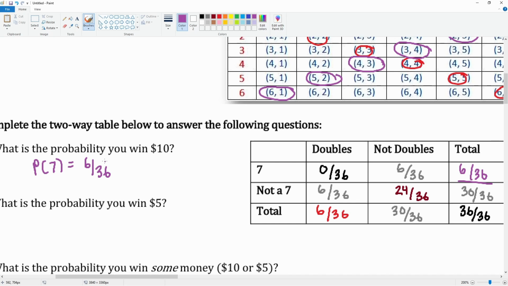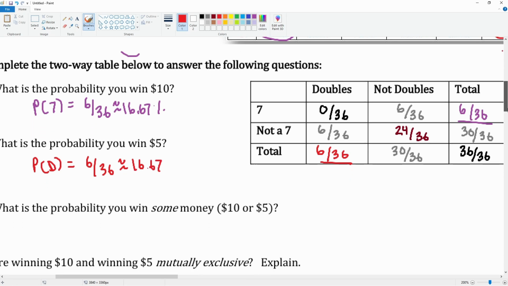Do I have that in a percentage? 6 over 36 times 100. That's roughly 16.67%. What's the probability of winning $5, which is a double? That is going to be 6 over 36, which is roughly, again, 16.67%.